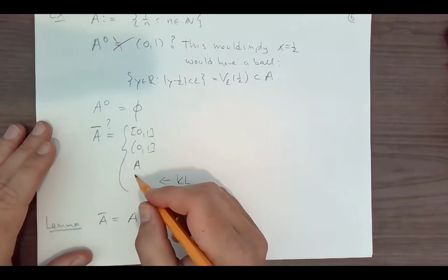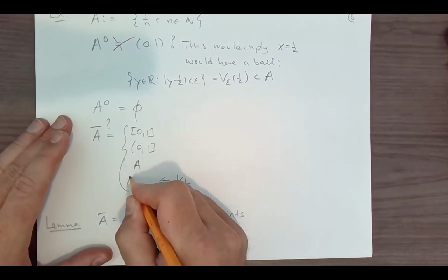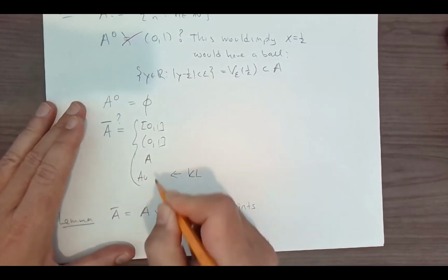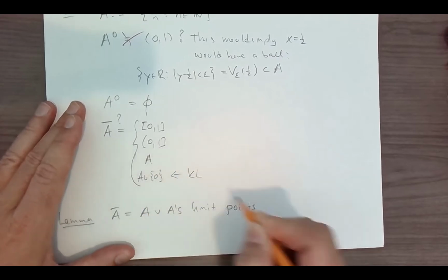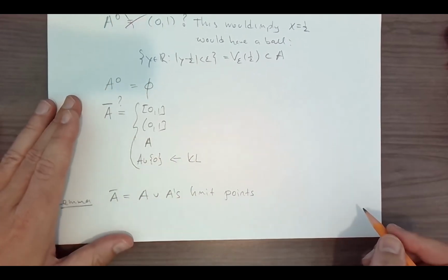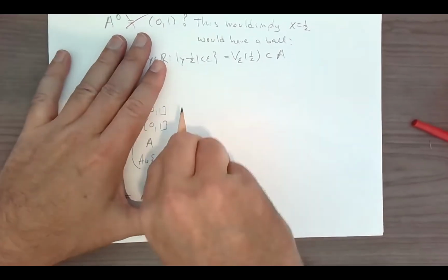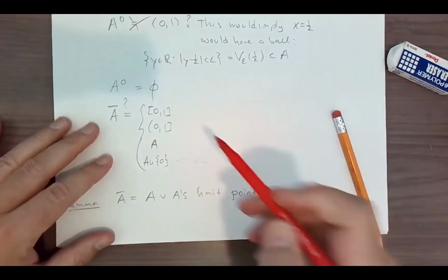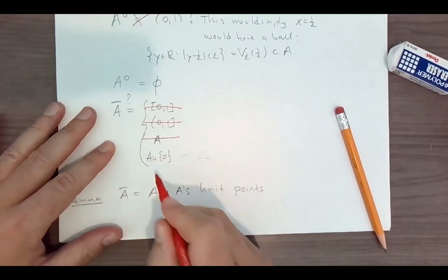That's right. So Fernando, you want to have A union 0. Very good. So not that one, not that one, not that. This one is good.